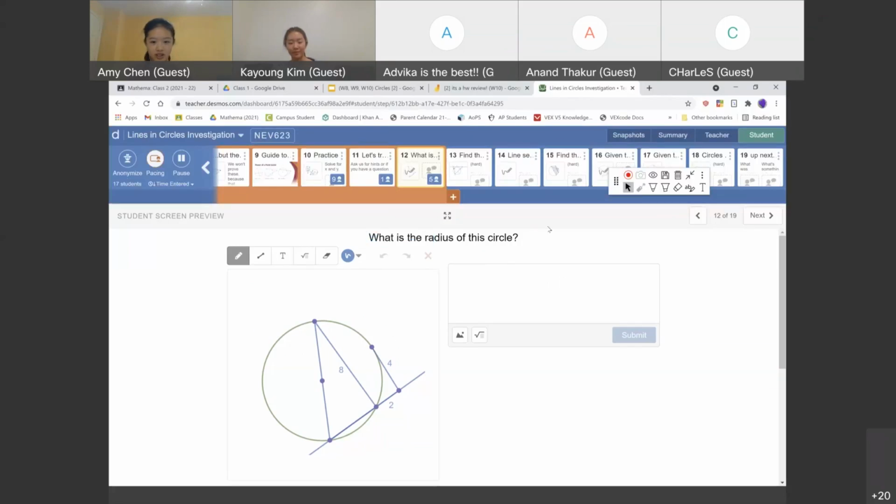Okay, what's the radius of this circle? Let me just clarify something. These two lines are not parallel. I mean, they could be parallel, but we can't assume they're parallel. They're not supposed to be parallel. Which two lines? The 4 and 8.